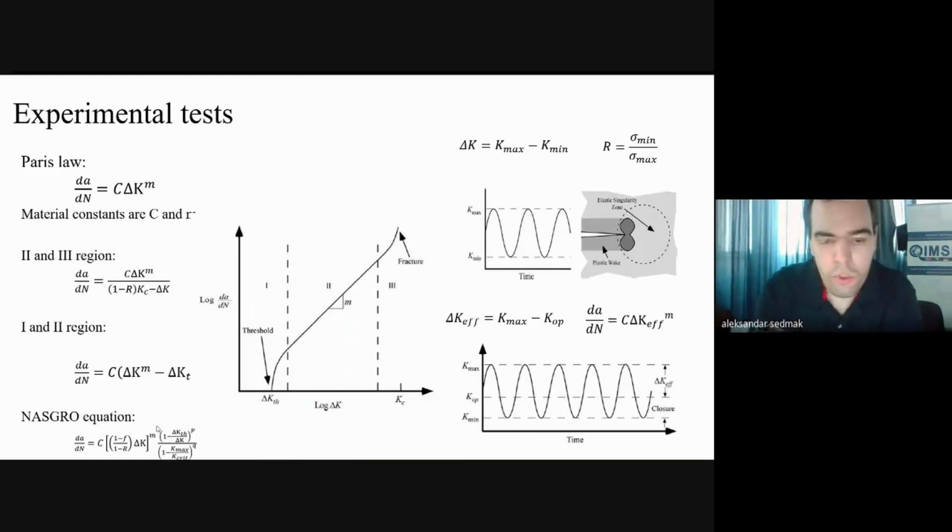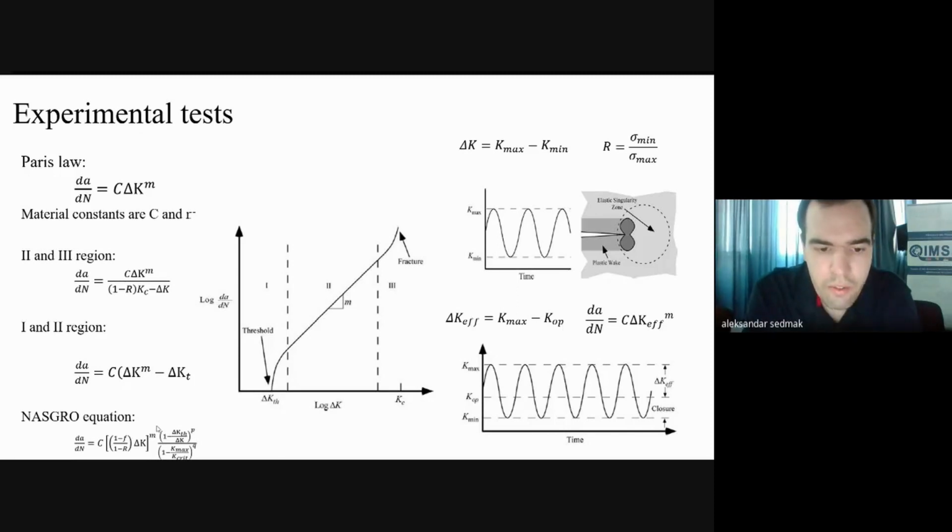Then to consider the next step, which is fatigue. For fatigue testing, we are aware of the Paris law, which holds C and M constants for describing material behavior. The Paris law shows the behavior of material in fatigue in the second region.